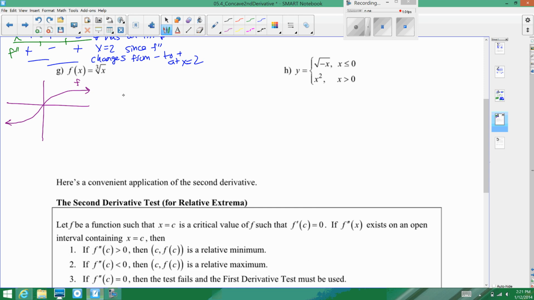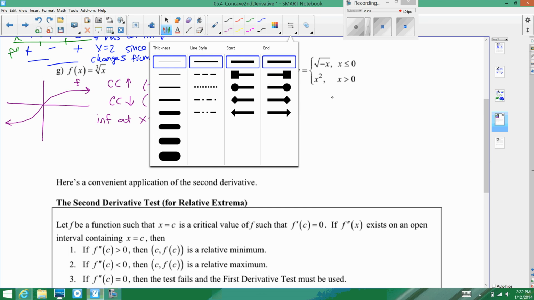So you should know that it would be concave up from negative infinity to 0 and concave down from 0 to infinity. And also there's an inflection point at x equals 0 since f goes from concave up to concave down. Alright, you could also do that with this function here.